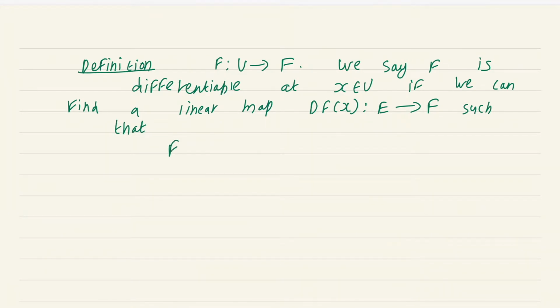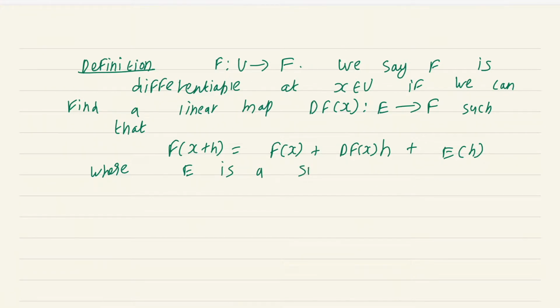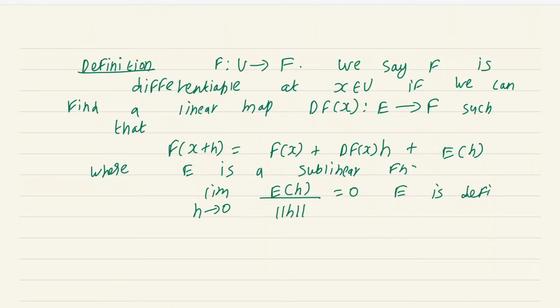That is, f of x plus h is just f of x plus dfx acting on the vector h plus E of h, where E is a sublinear function. To be more precise, limit h going to 0 of E of h by norm h is equal to 0. E is defined in some open set that contains 0.